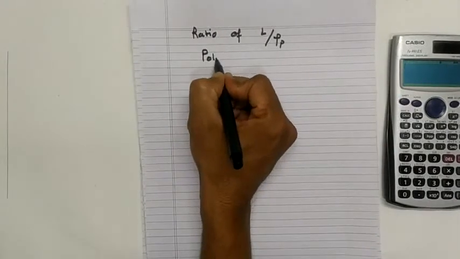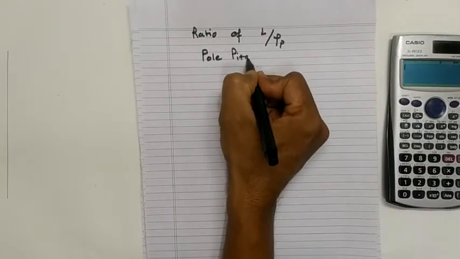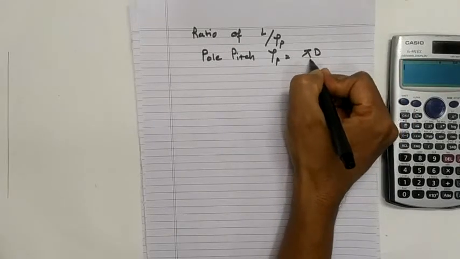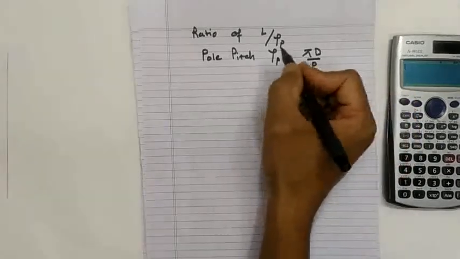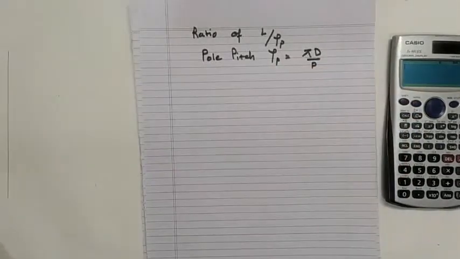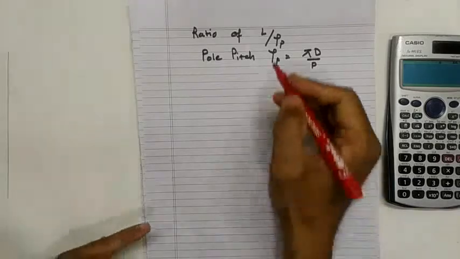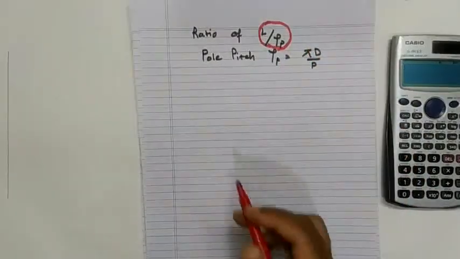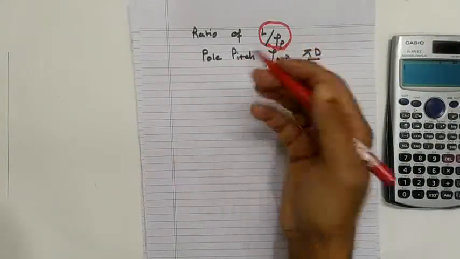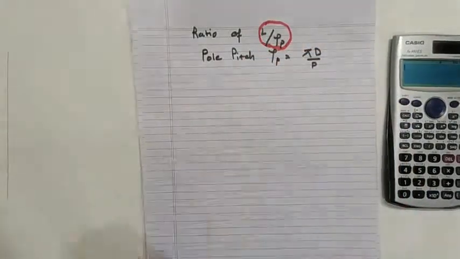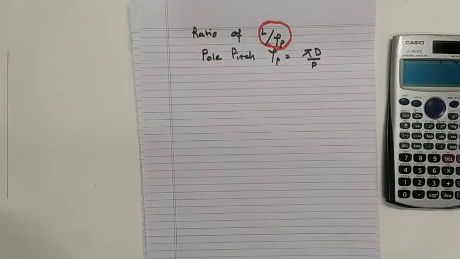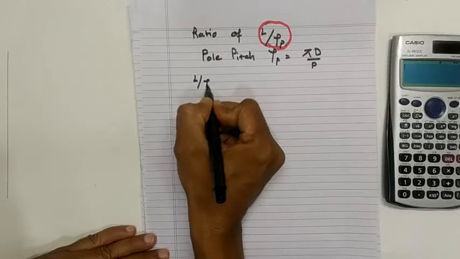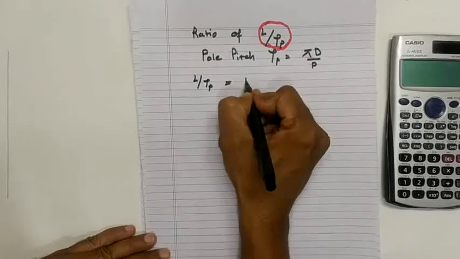Pole pitch, we know, is pi D upon P. So we consider the ratio of L by tau p to separate the main dimensions D and L. Normally we take the ratio L by tau p equal to 1.